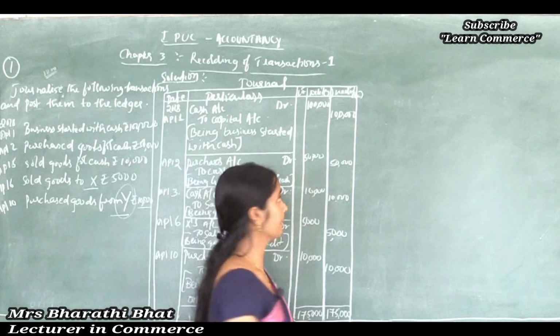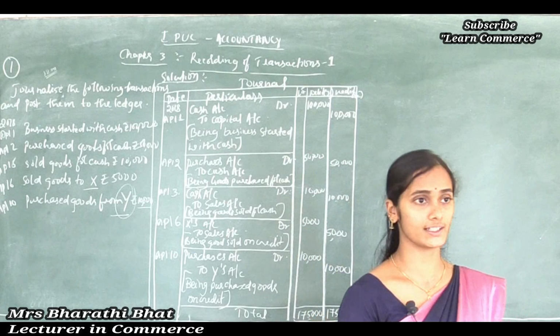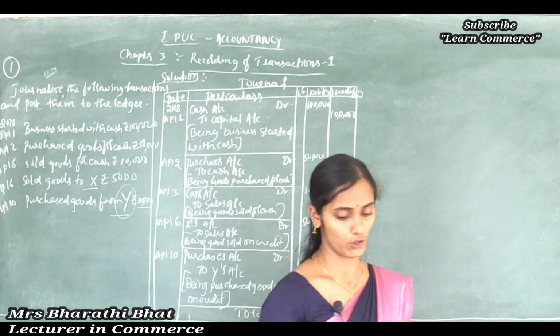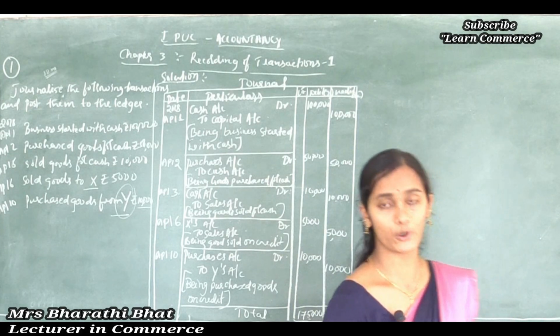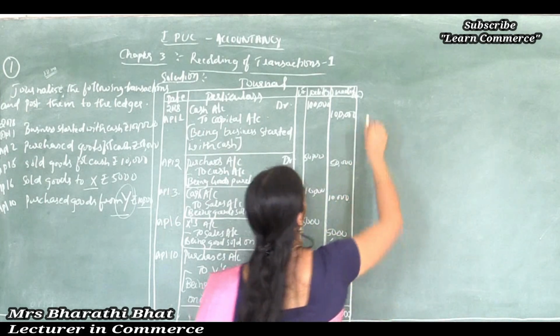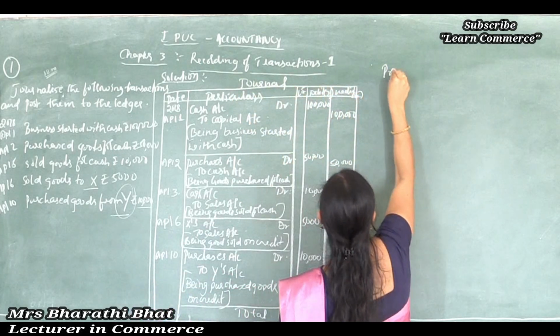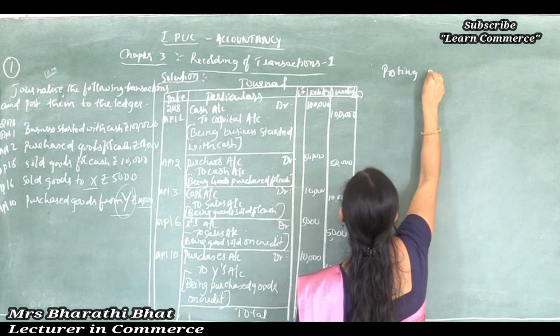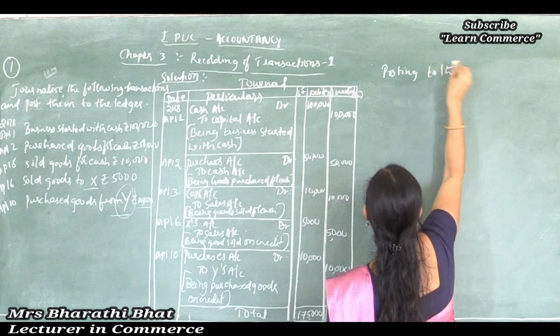And the next step is ledger posting, meaning recording the transaction in the book called ledger. So the next step is posting in the ledger book. This is the first one and this is the next one. Posting to the ledger.